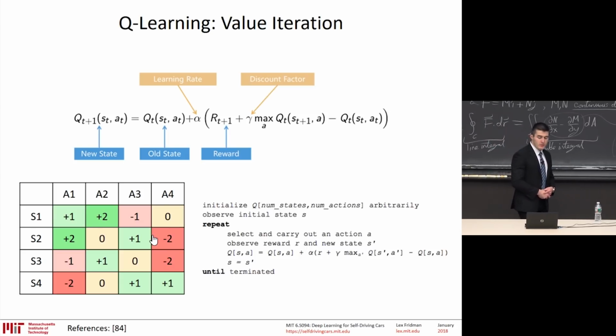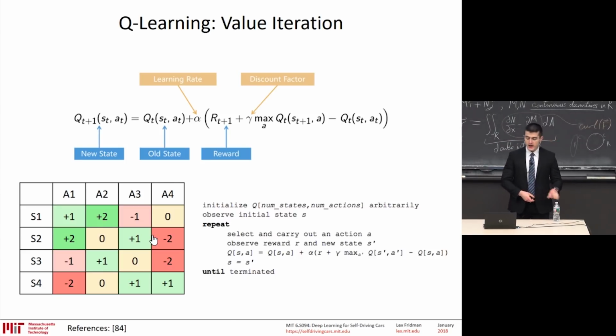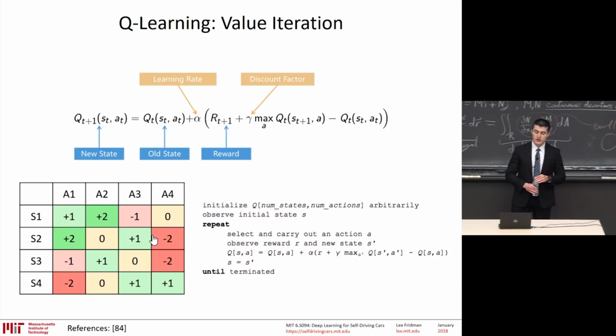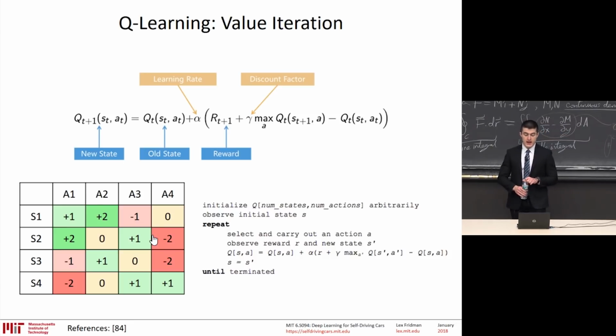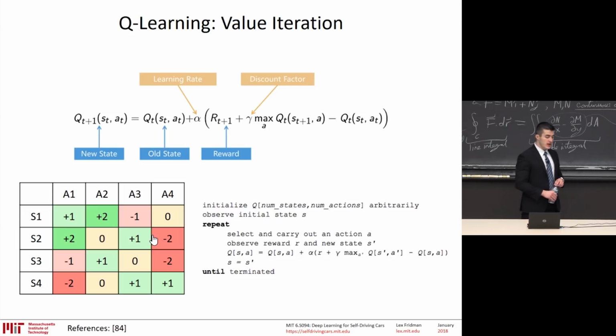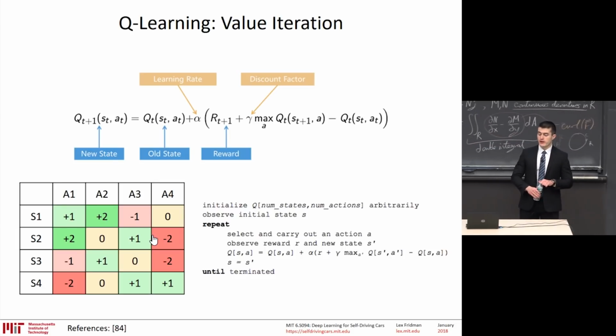So for a simple table representation of a Q function, where the y-axis is state, 4 states, S1, 2, 3, 4, and the x-axis is actions, A1, 2, 3, 4. We can think of this table as randomly initialized in any kind of way that's not representative of actual reality.